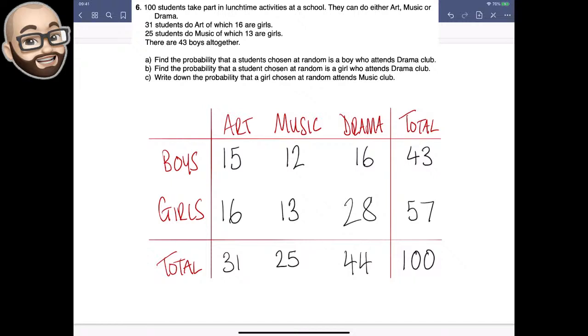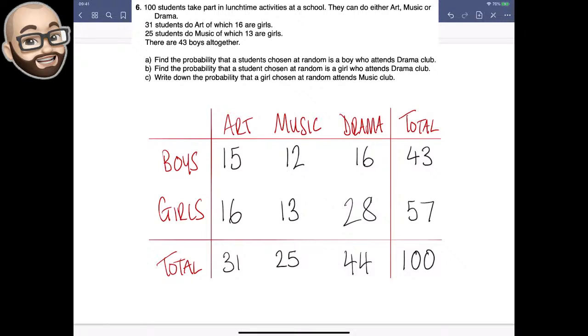And the last one, you've just got to be careful with the words because it says write down the probability that a girl chosen at random attends music. So parts A and B, we're talking about pick a student at random, and we knew there was 100 students altogether. Part C is phrased so that we are just picking out of the girls.